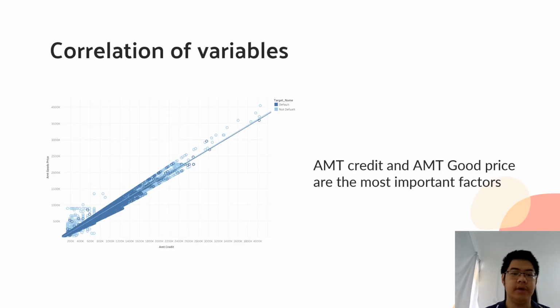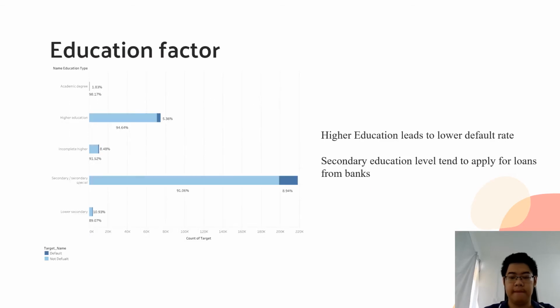When we look at the correlation of variables, we can find amount credit and amount goods price have a high positive correlation with a coefficient of 0.9. When we look at education, we can find that although those with secondary education tend to apply for loans from banks, they also have a higher risk to default.